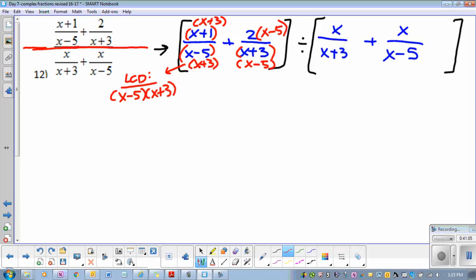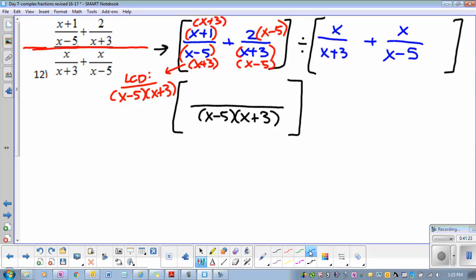So I'm not going to worry about the other one right now. Let's focus on this one first. So we have x minus 5 times x plus 3. Up on top here, you have x plus 3 times x plus 1 plus, got to distribute that guy, plus 2x minus 10.